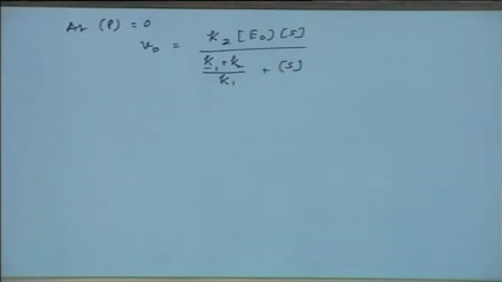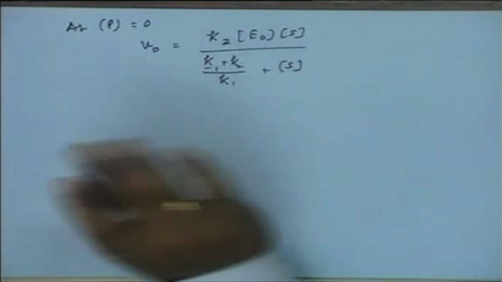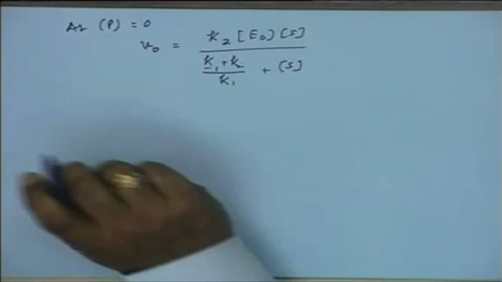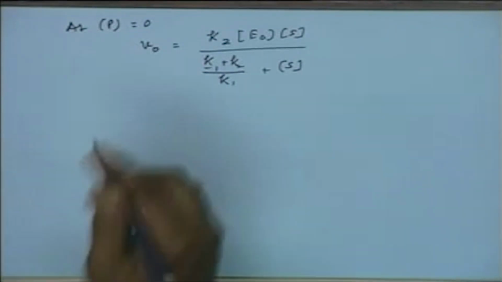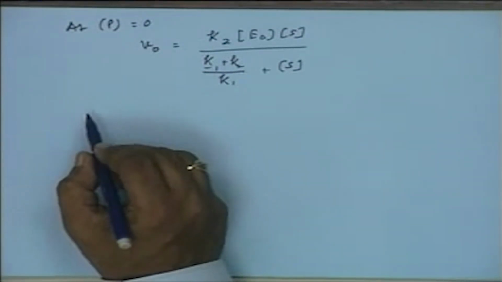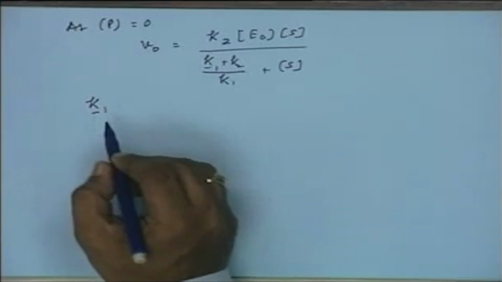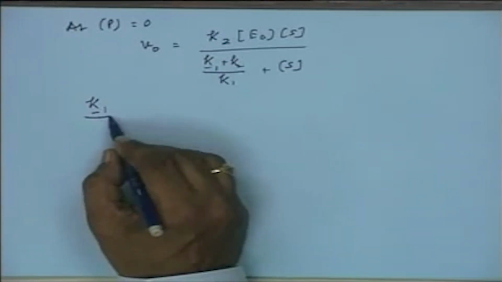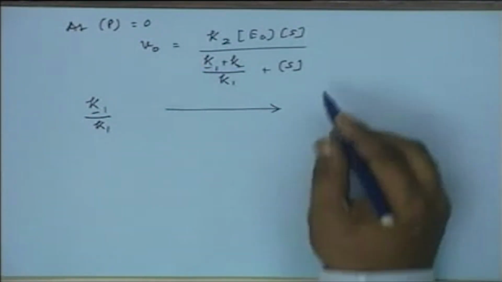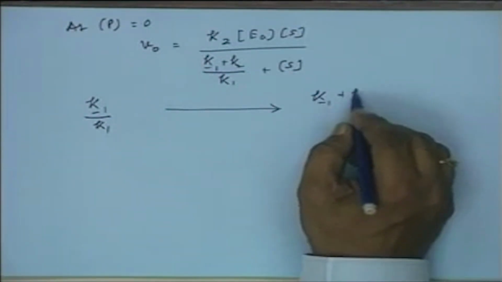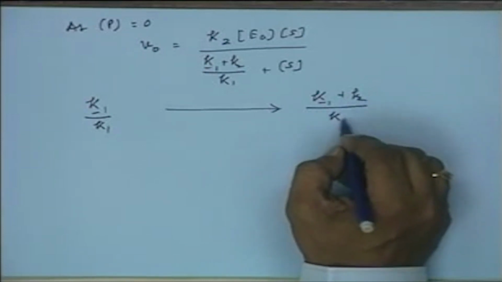So, what you notice is the difference between Michaelis-Menten kinetics and that proposed by Briggs and Haldane lies in the fact that in the case of Michaelis kinetics, they proposed the diffusion constant K minus 1 upon K1, which got transformed in the form of K minus 1 plus K2 upon K1.